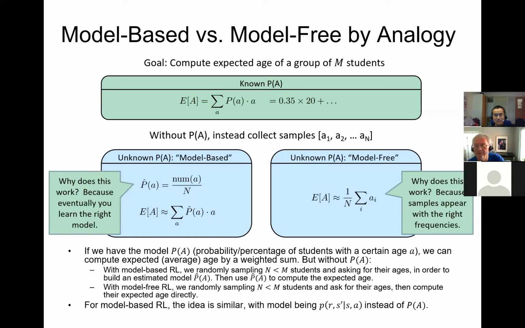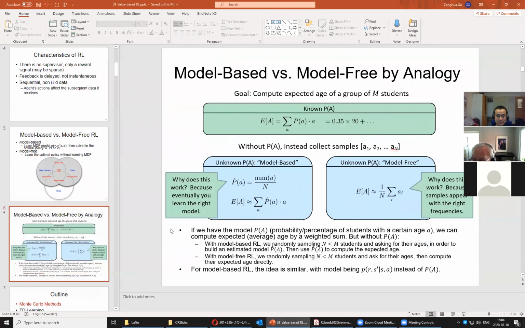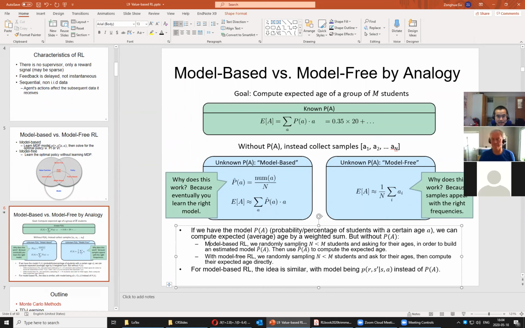For unknown P(a), you can also do the model-free approach, where you randomly sample n students, ask for their ages, and then compute the expected age directly without getting the model P. This works because samples appear with the right frequencies. This is really an analogy, not the RL problem.